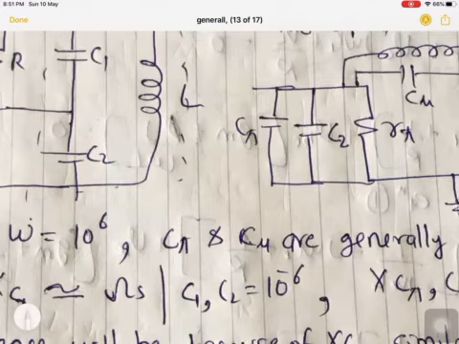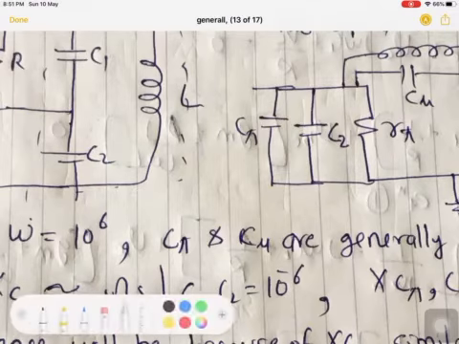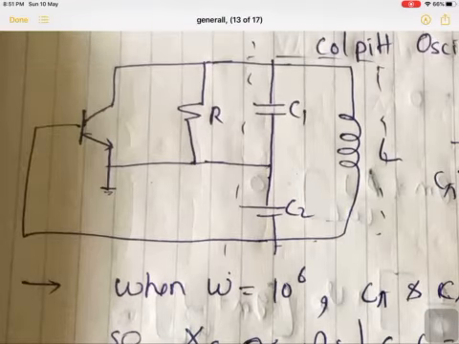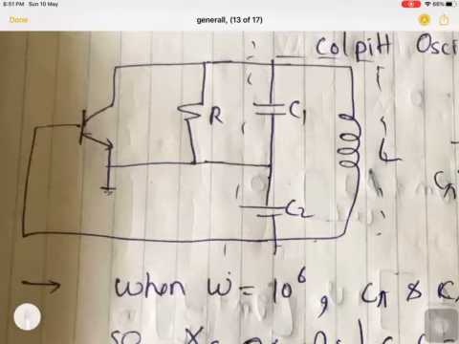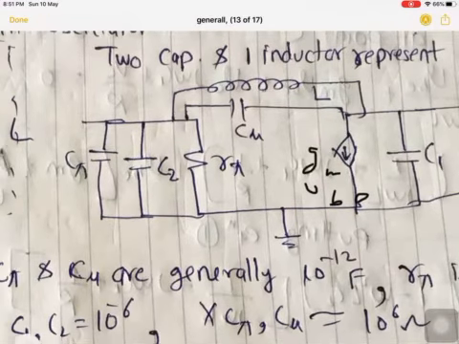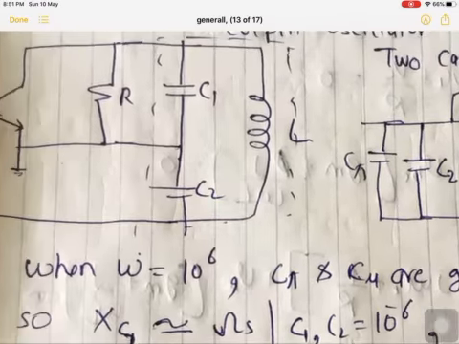Where is C2? C2 is between collector and base. So I'll come back here. C2, collector, sorry, base and emitter. I was wrong. Let me go back to correct it.